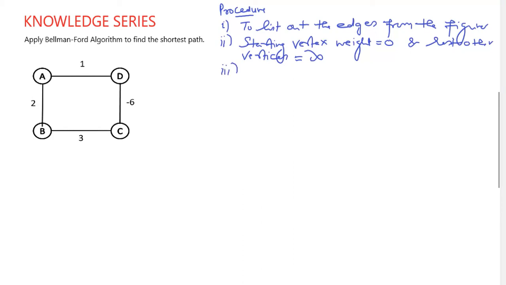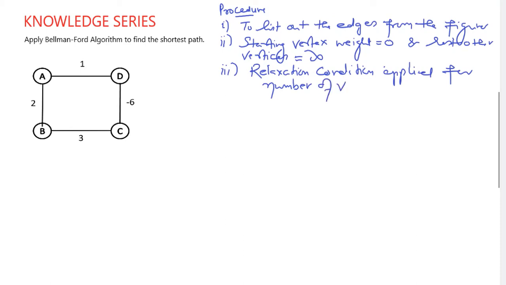Third, we go for applying the relaxation conditions, applied for the number of vertices minus 1. That is the condition that we follow under these particular procedures.